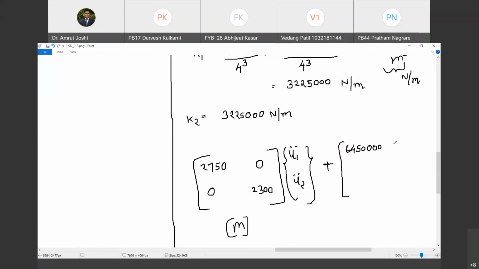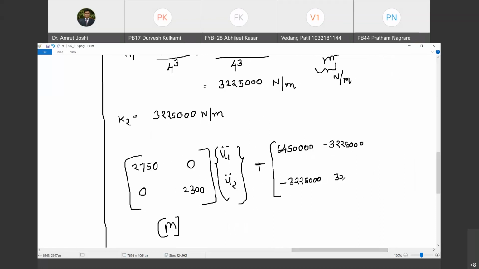Minus K2 means minus 3225000. Then here also minus K2, that is minus 3225000. And here is K2. So K2 is 3225000. This times U1 U2 must be equal to 0 0.